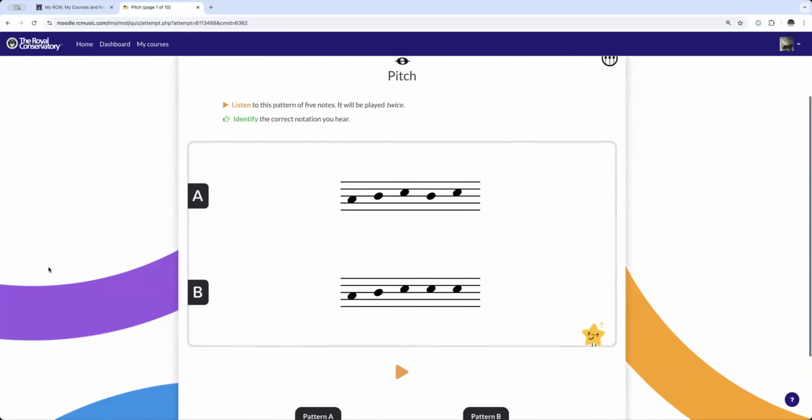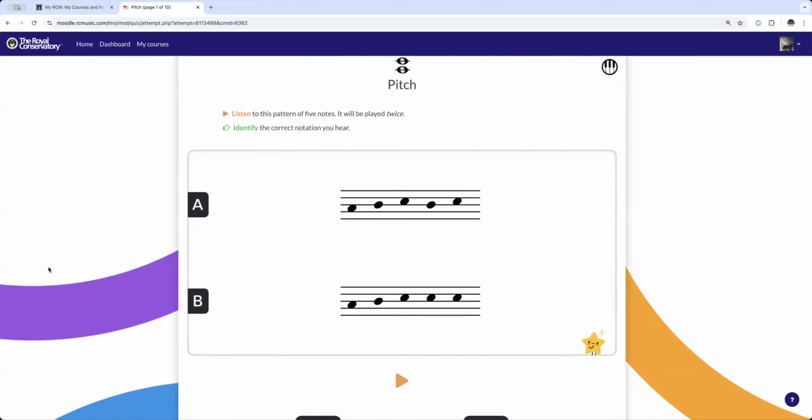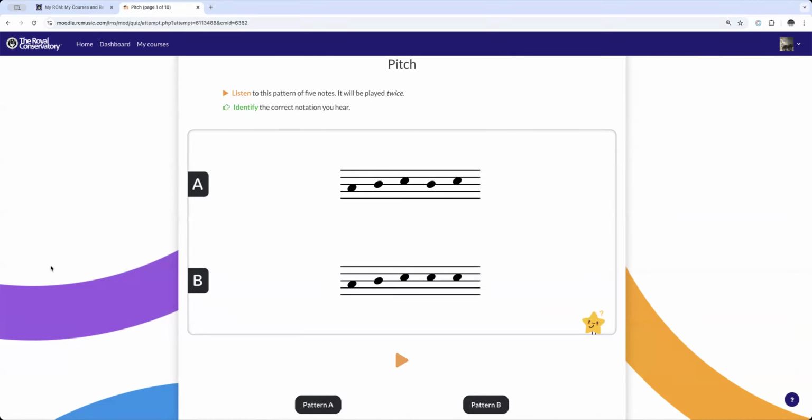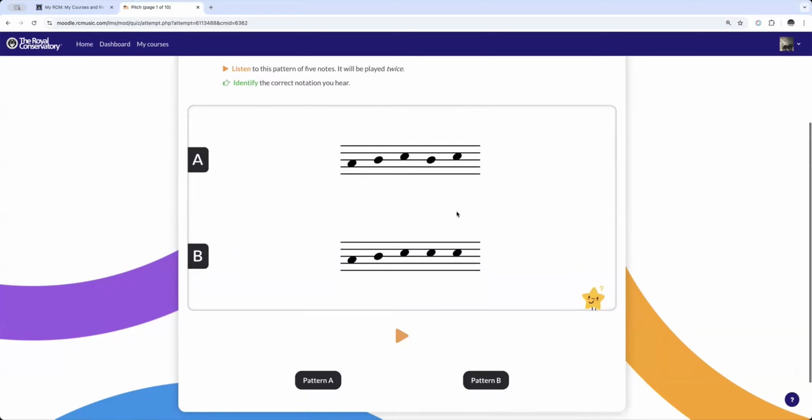Listen to these patterns of five notes. It will be played twice. Identify which answer is correct. First of all, you need to take a look at the questions here. Which part is different?